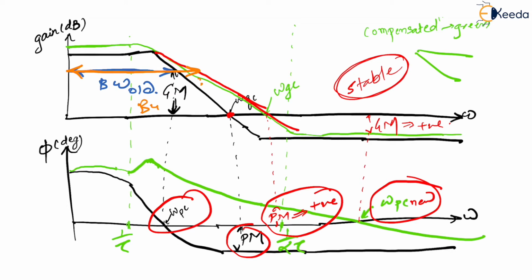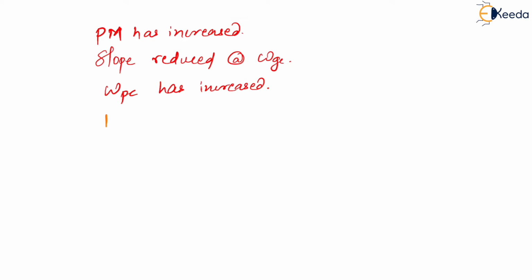This became the bandwidth for the new system, bandwidth new, right? Which means because of the lead compensator, bandwidth has increased. Getting my point? Yes. Now, apart from this, there are a few things which you may not see now. For example, there are some parameters like percentage MP, then error, etc.